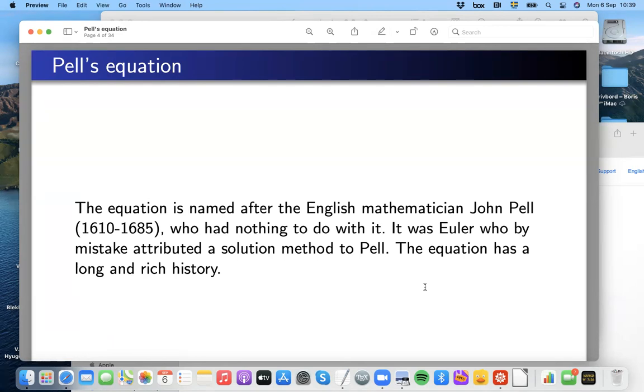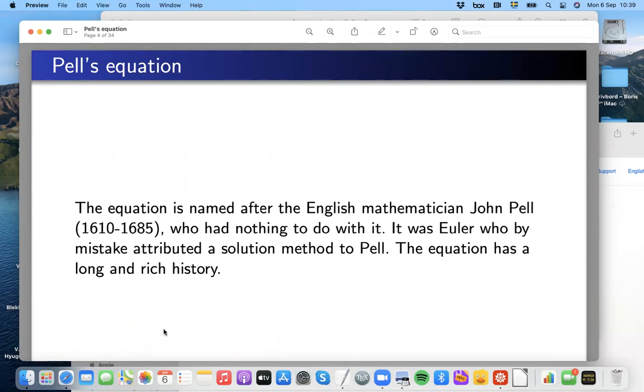Now, this is again such an example, but much older. John Pell was a British mathematician, but he never worked on those things. And it was Leonhard Euler who, about 100 years later, attributed this wrongly to Pell.